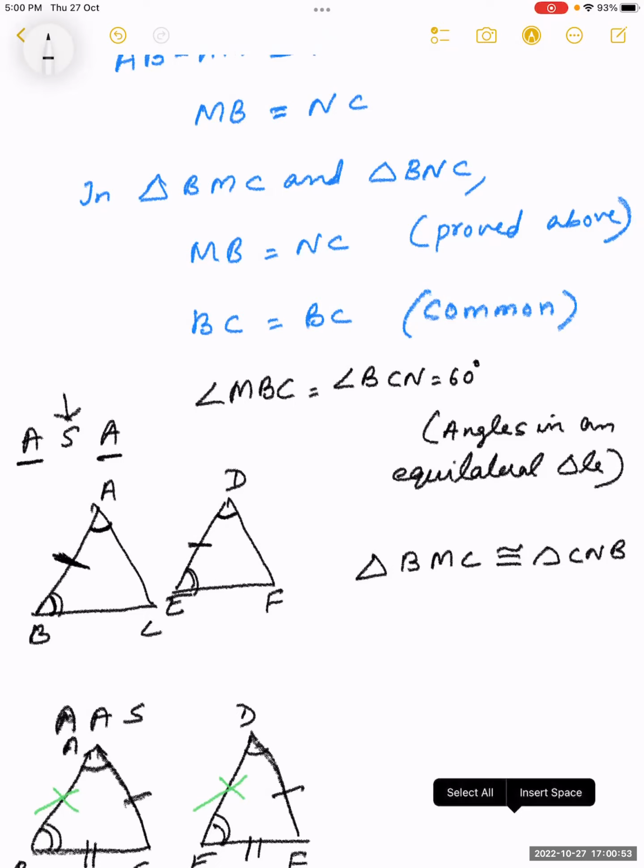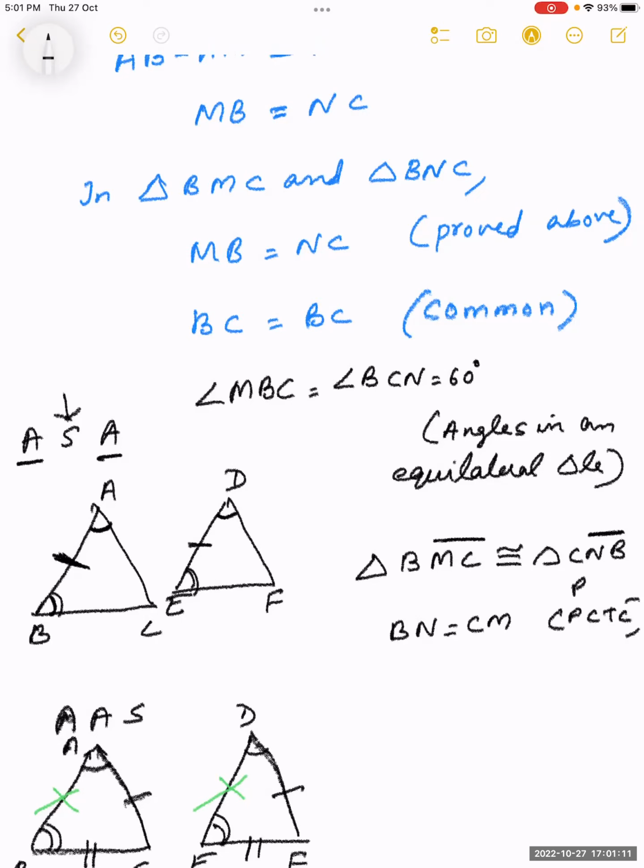You cannot randomly write triangle names. I hope you all remember how to name. This implies BN equal to CM, by CPCTC. Hence proved.